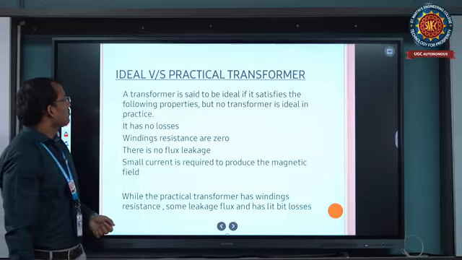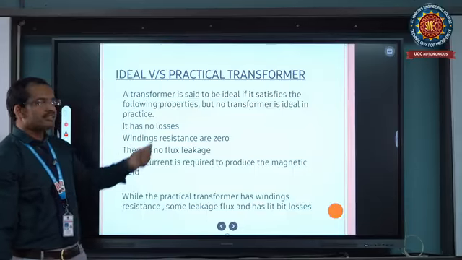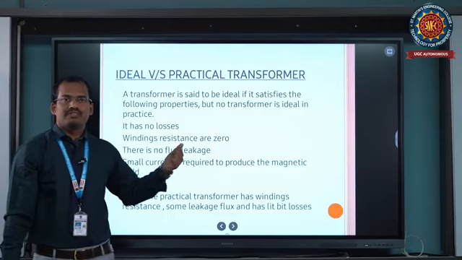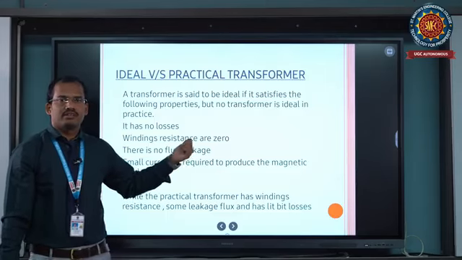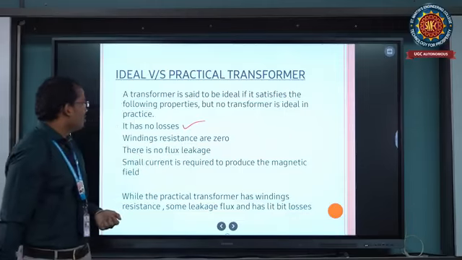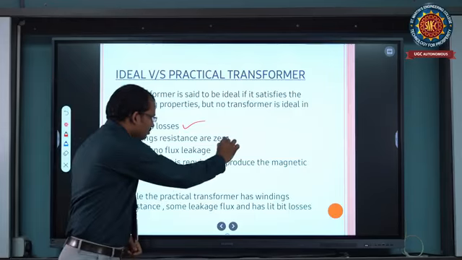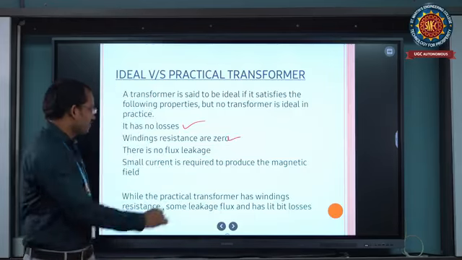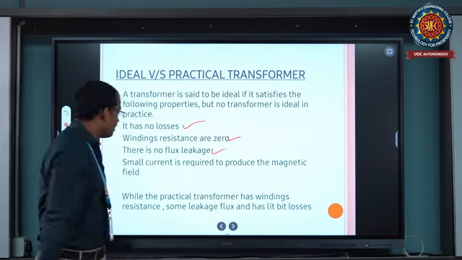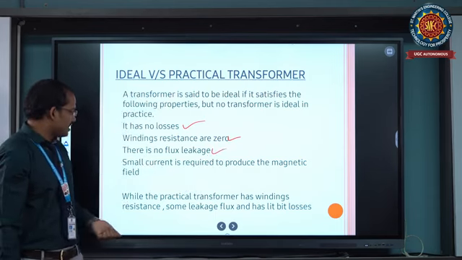And next one, ideal versus practical transformer. The ideal transformer has no losses, the winding resistance is 0, and there is no leakage flux in an ideal transformer.